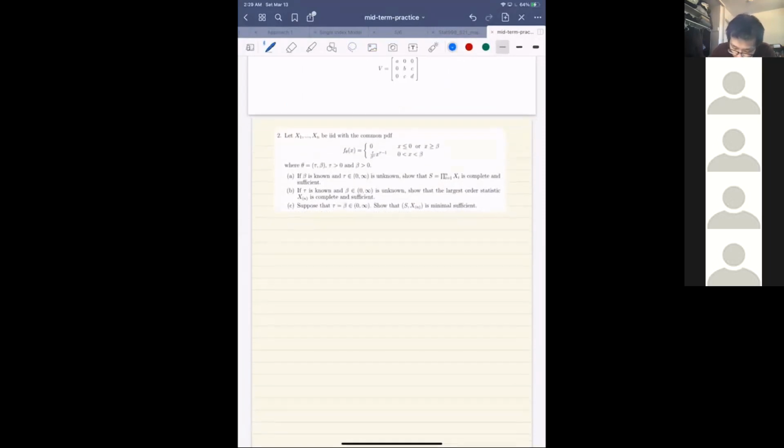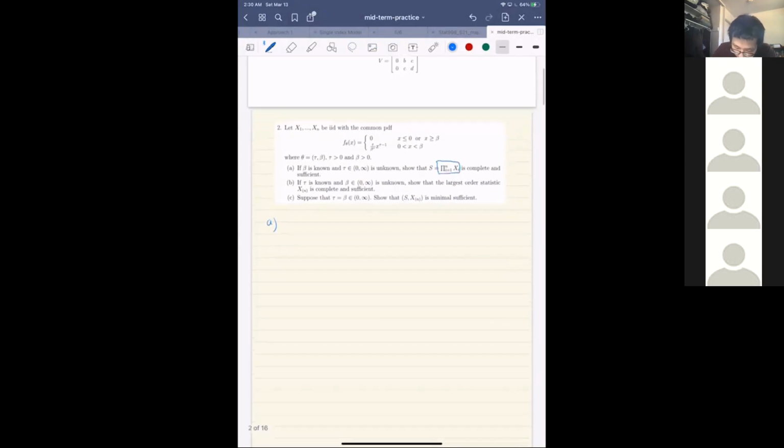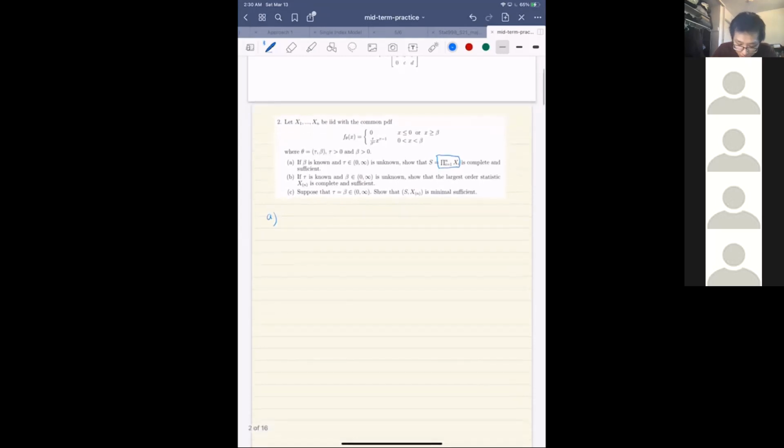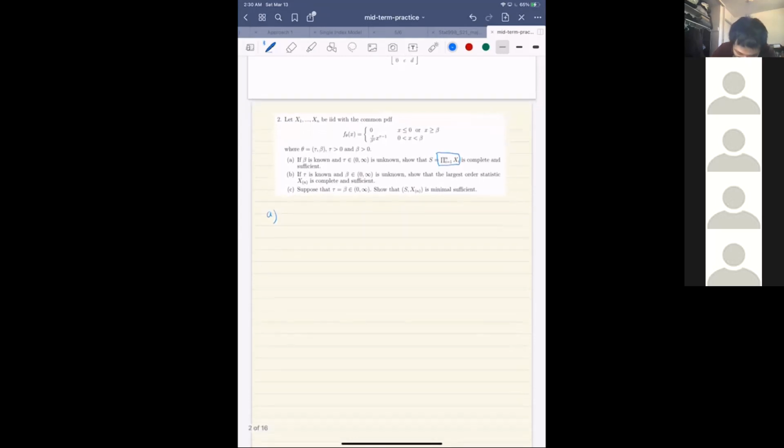So we have a density, look at this. And we have two parameters, tau and beta. For A, if beta is known, then we want to show this is complete sufficient. For beta known, that's very good news, because in that case the density is an exponential family.